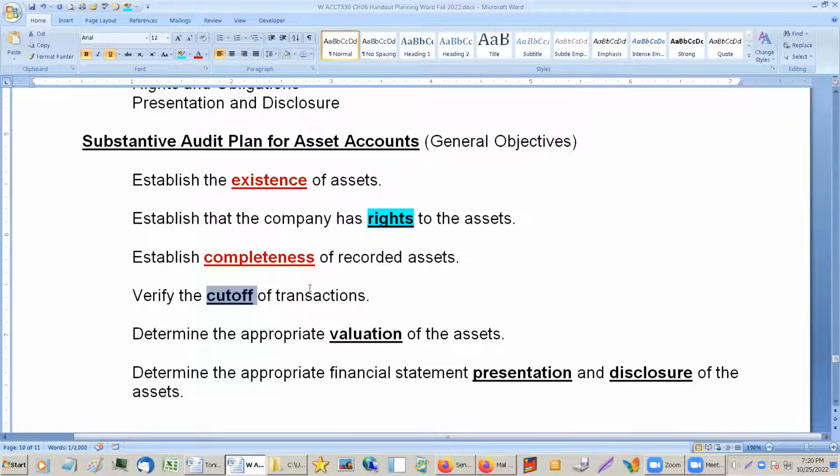Cutoff. Cutoff and valuation used to be the same, but cutoff is cutting off the transactions at year end, getting all the transactions in the right period.